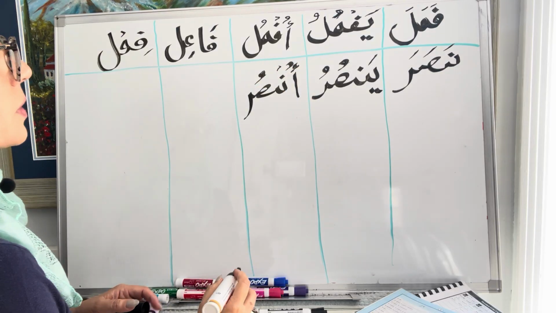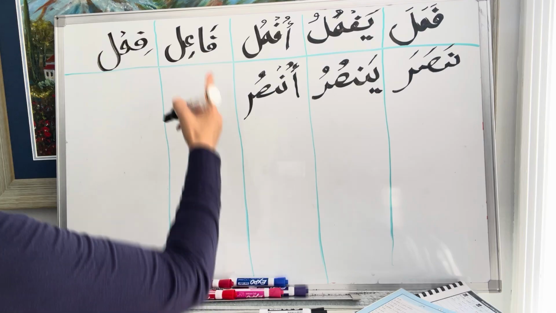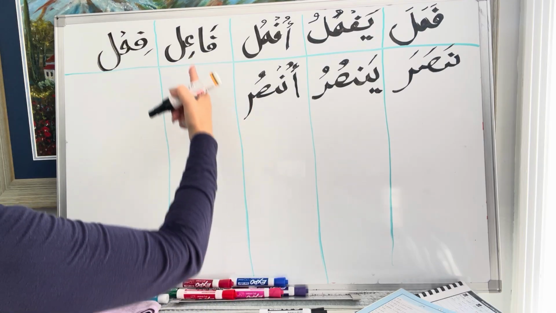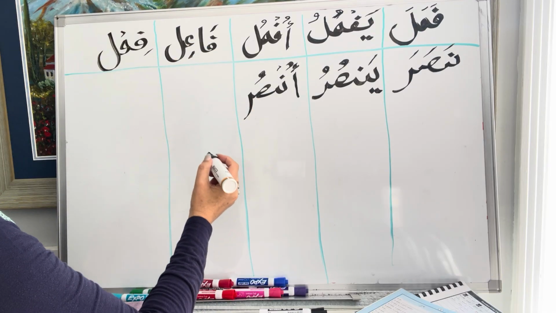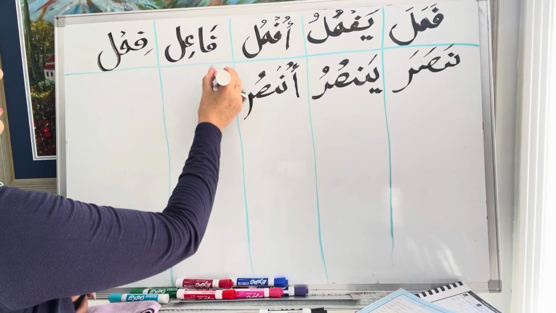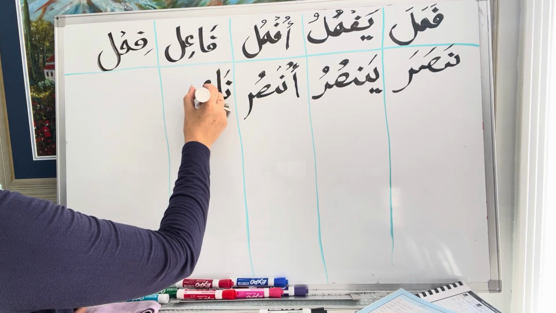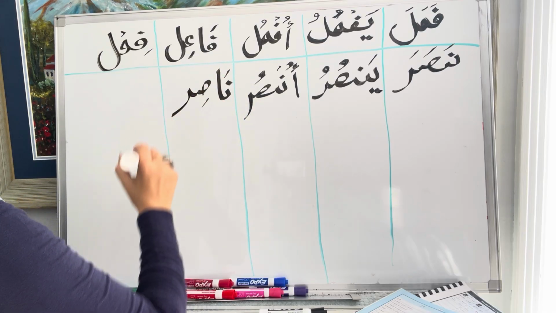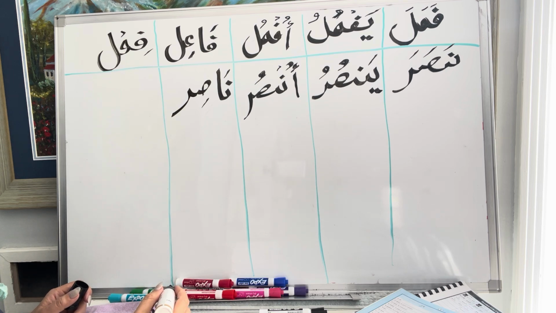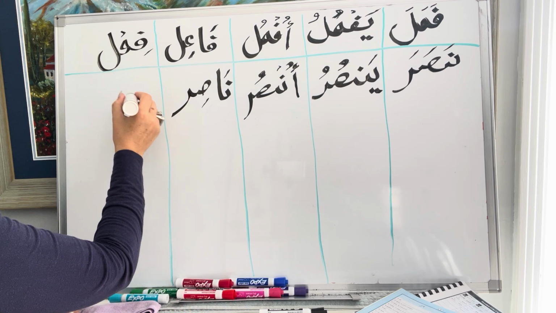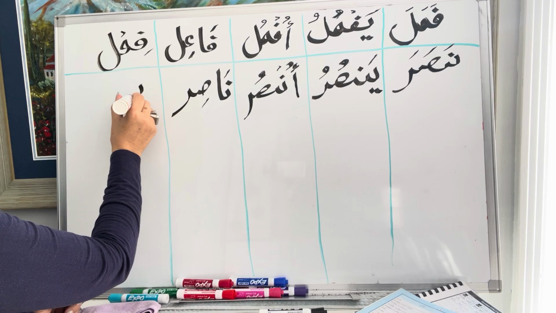This takes a sukun. And then fa'il is the same. So we have the first letter and then attached with the alif. So this becomes nasir. And then the actual verbal noun would be nasr.